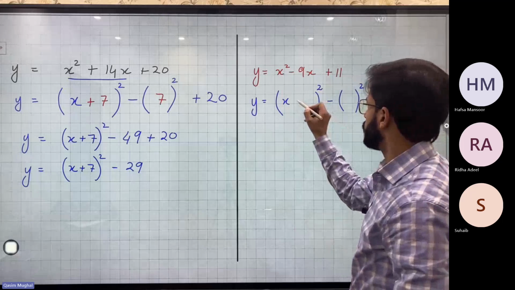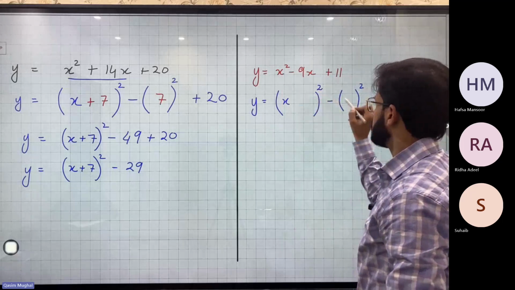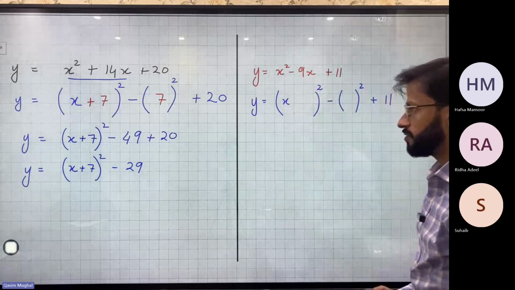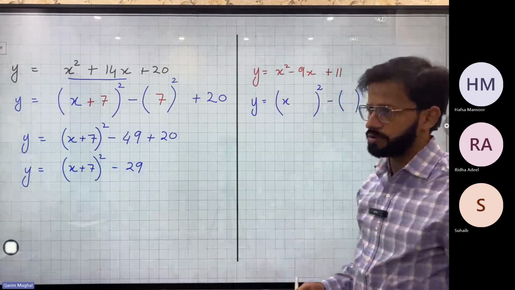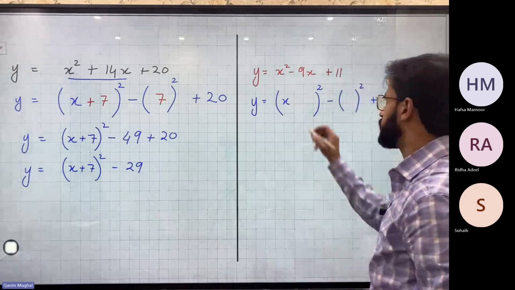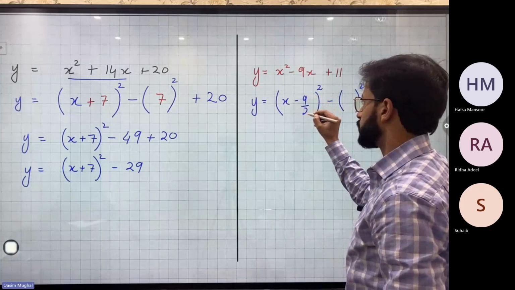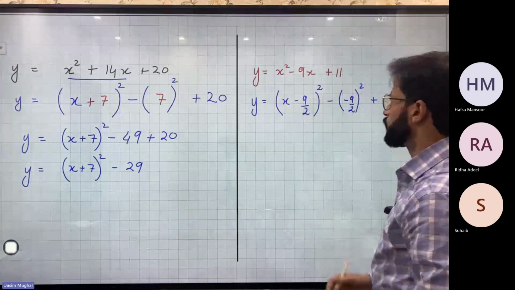Over here, I'm going to place in the empty spaces half of the coefficient of x, which is -9. Half of -9 is -4.5, but you can keep it in fraction. So -9 by 2, and in here -9 by 2.